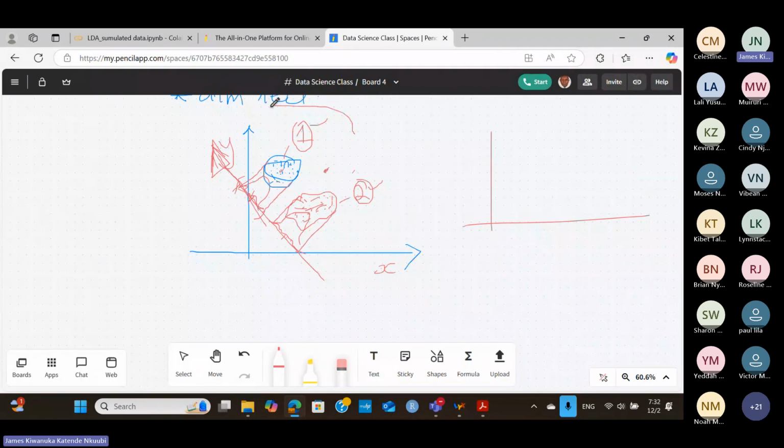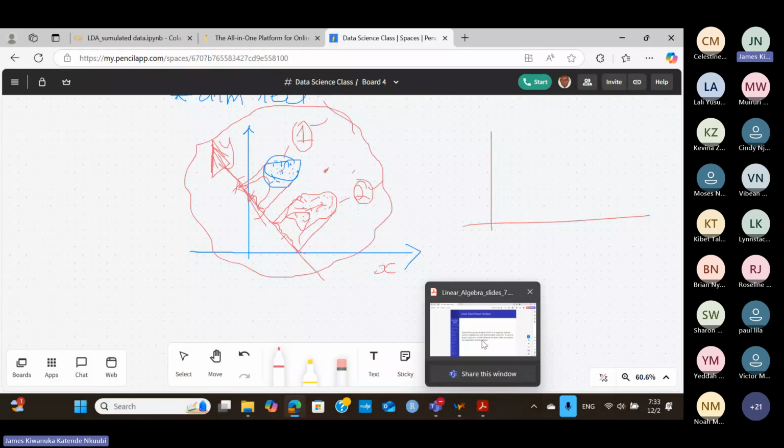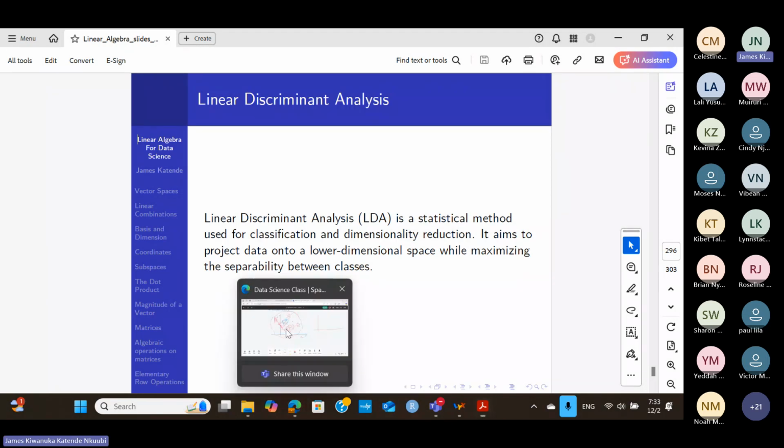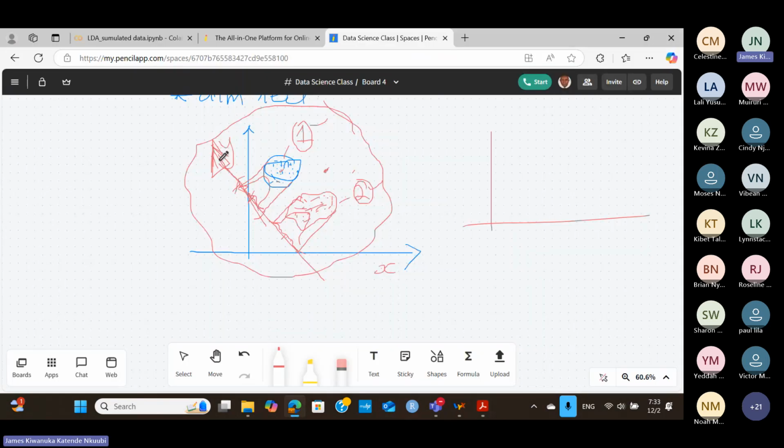The reason we said it's dimensionality reduction is that, in this case, we reduce our space to just this one-dimensional space, which is a line onto which you project. Initially, we started with two, but now this one-dimensional space will give us the separation we need. If you had a line going this way, it would not work, because you can see there's some intersection there.